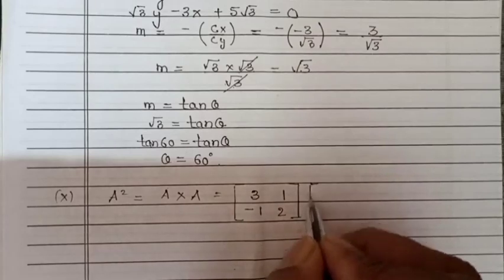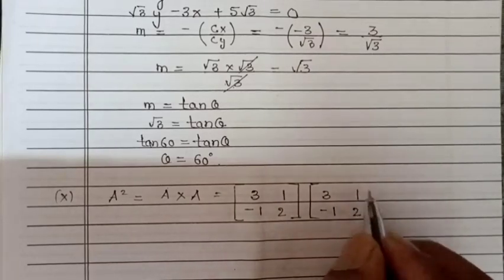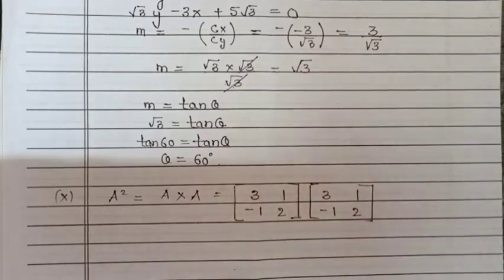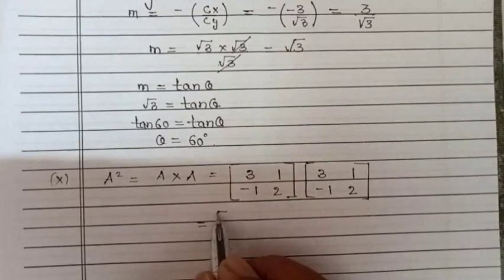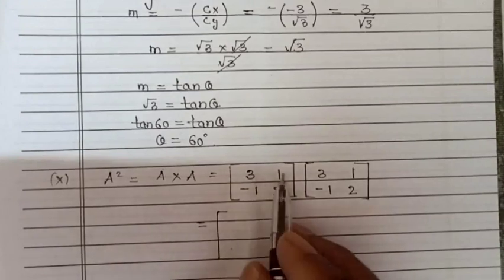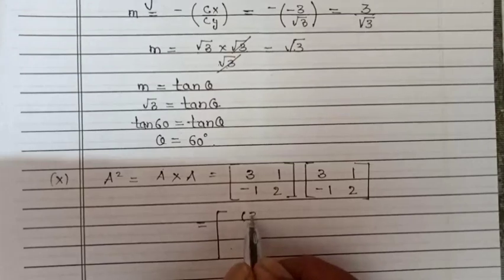It will be multiplied by 3, 1, minus 1, 2. Now let's multiply this. Now the first row multiplied by the first column. So I can write it this way.